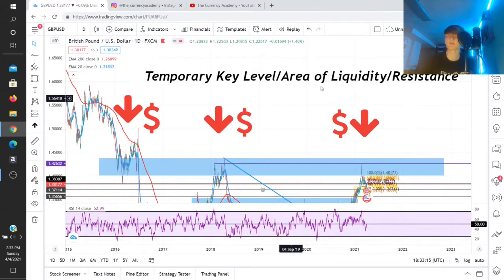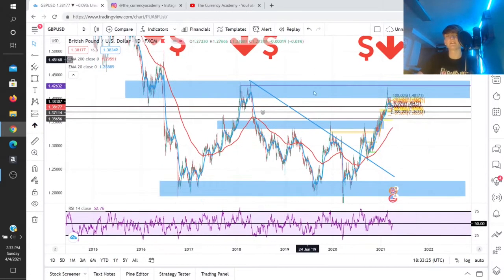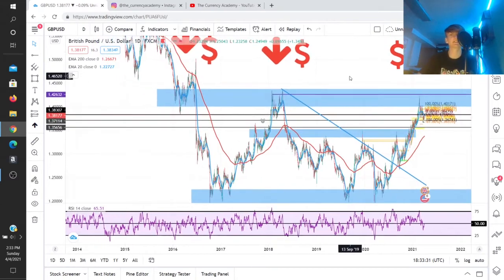But I also want to go over targeting key market structure areas and the options that price has in its movement. Whenever price is reaching these areas, as I said in the past, I am constantly looking for it to break out of the area and retest the area, or just break out of the area and go down to the next area.